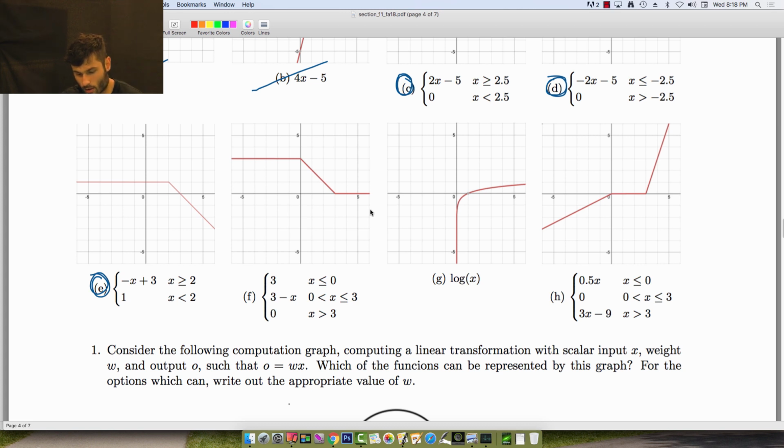Finally, we can also discard G because this function is nonlinear; although we have ReLUs, and linear layers, our function should be piecewise linear. Then we can also discard H because it just has one flat region, and since we have two ReLUs, it should have two flat regions. And then we check that we can also represent F, since it has these two flat regions and is piecewise linear.